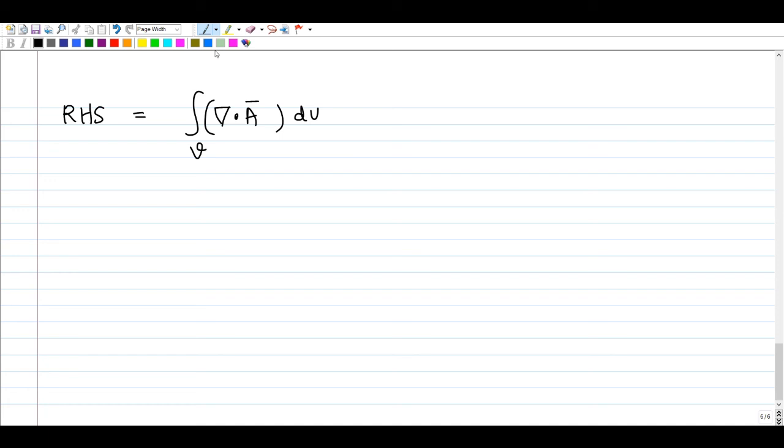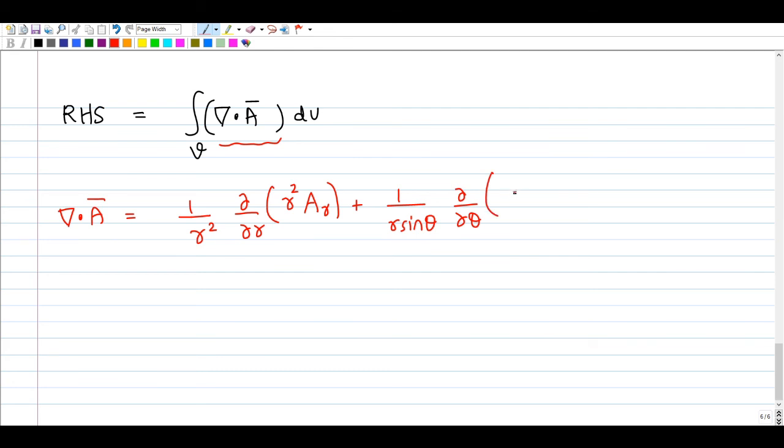So in order to evaluate the right hand side, we need to calculate the divergence of A. The divergence of vector A in spherical coordinates is given by the expression 1 by r square dou by dou r of r square AR plus 1 by r sin theta dou by dou theta of sin theta A theta plus 1 by r sin theta dou by dou phi of A phi.